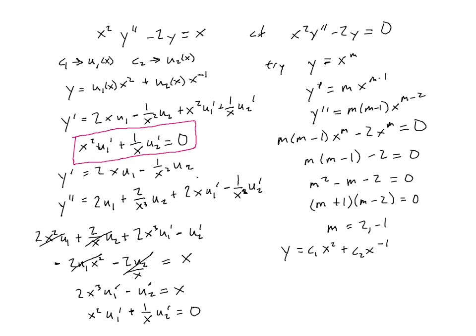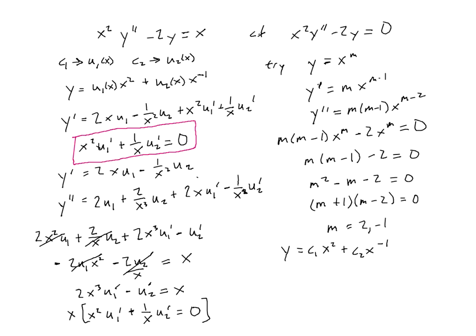So what I do is if I multiply this bottom equation by x, for example, now I have x cubed u1 prime plus u2 prime.